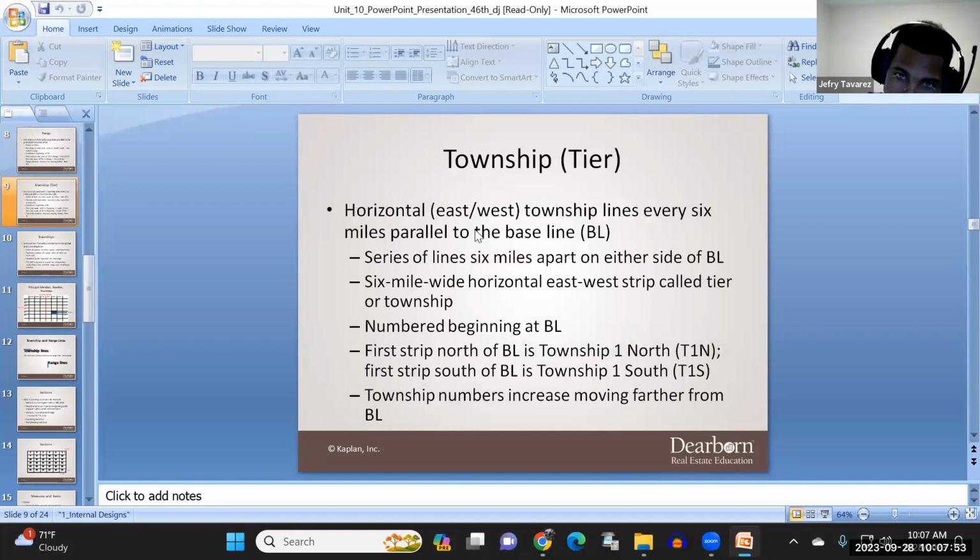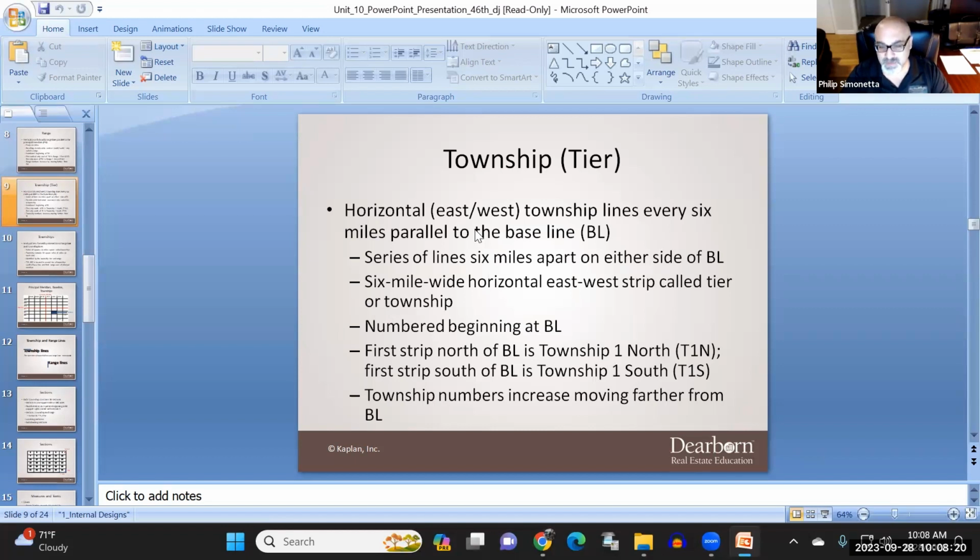Got it. Now you have a township line. Township lines run horizontal every 6 miles parallel to the baseline. So these are a series of lines 6 miles apart on either side of the baseline, up and down. They're 6-mile wide horizontal east-west strips called tiers or townships.